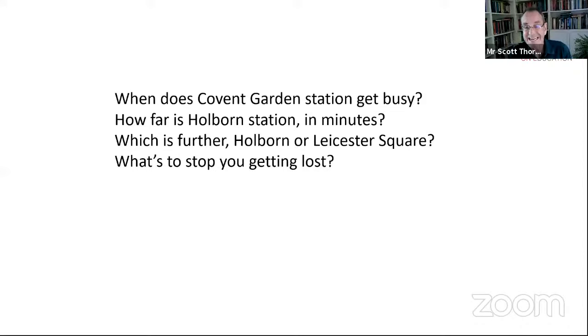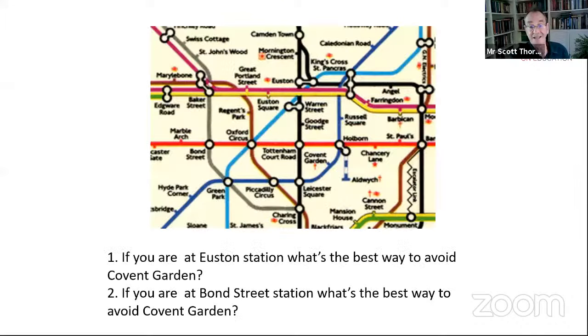The only way we can get at understanding is by setting some kind of task, traditionally questions, or it could be like this, using some kind of visual. If you're at Euston Station, what's the best way to avoid Covent Garden? So using the information from the text and this map to answer these two questions. That's the second layer of the onion.